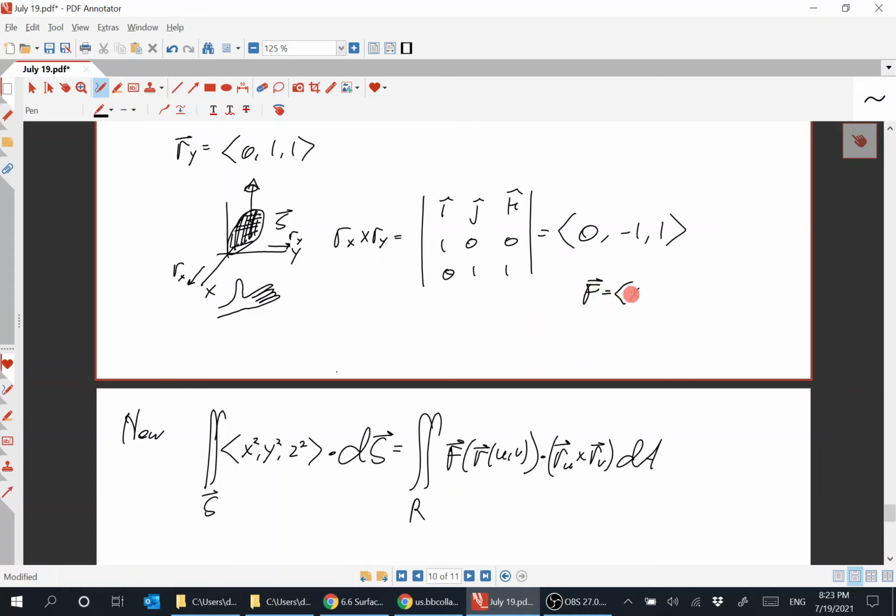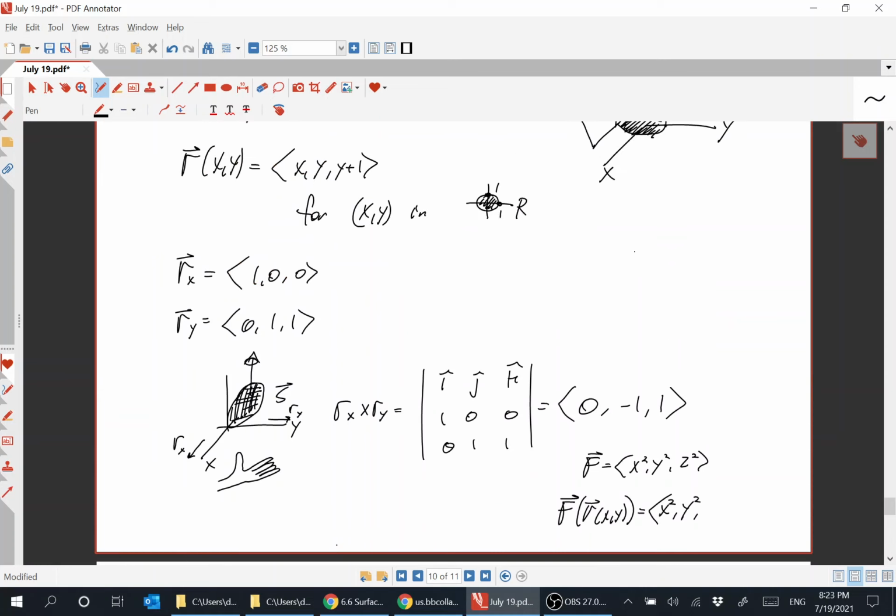So now F was x squared, y squared, z squared. So F of r of x, y: well, x is x, so x squared is x squared, y is y, so y squared is y squared, and z is y plus 1, so z squared is (y plus 1) squared.